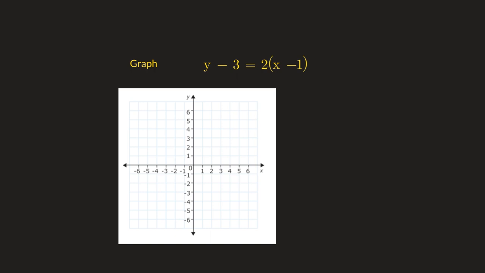Something we need to be able to do is look at that form and understand that in that form there is a point on a graph that I can get, and the slope will tell me the rise and run from that point so that I can get the line.